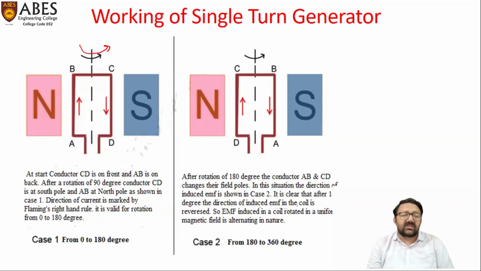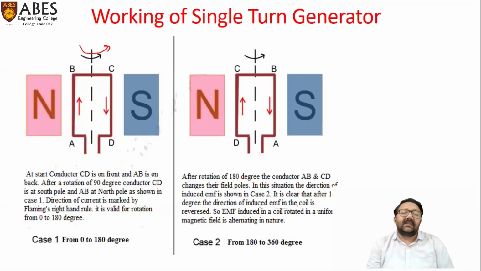Whereas for conductor AB, the motion is again perpendicular to the screen, but this conductor is coming outward in our direction. If we apply Fleming's right hand rule, the first finger should point in the direction of the magnetic field, which is always from North Pole to South Pole, and the thumb should point in the direction of motion.